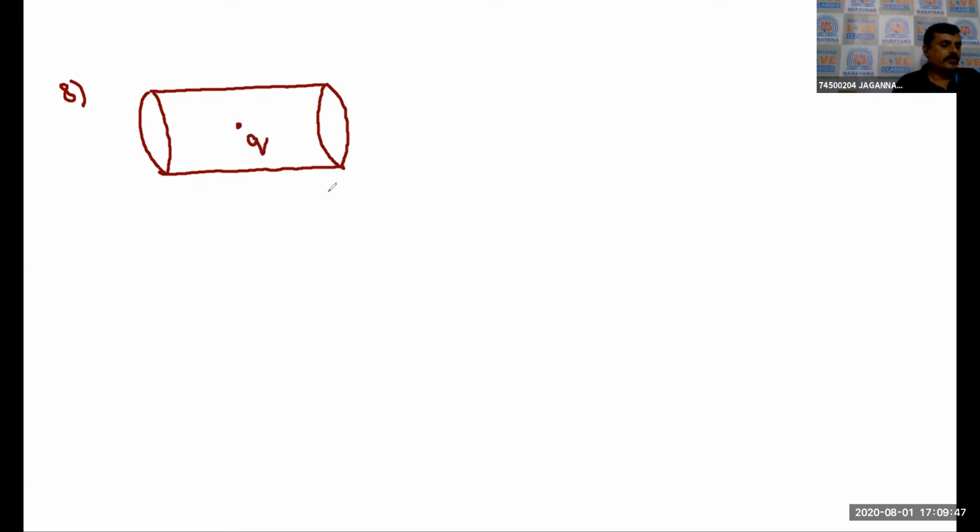Clear? Now, if phi is the electric flux in units of volt meter associated with the curved surface B, this is a curved surface.